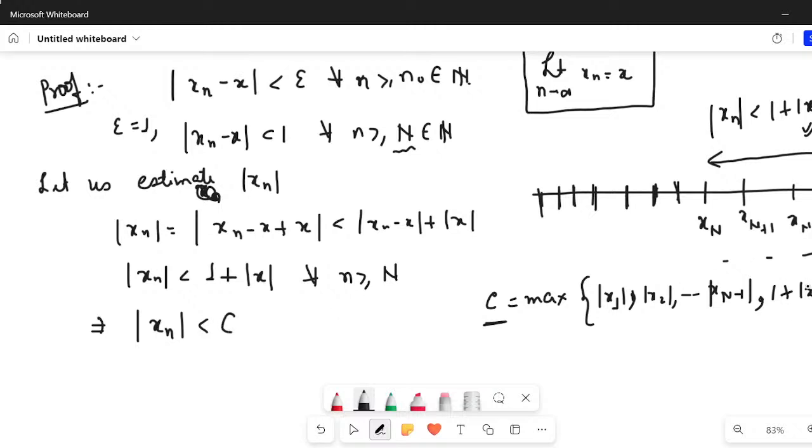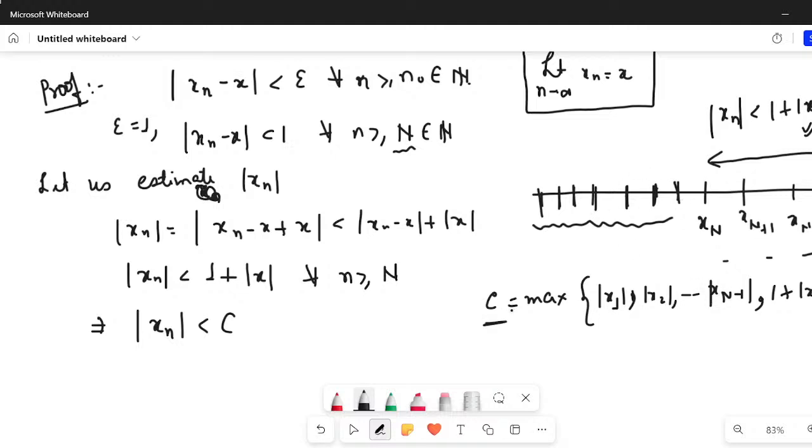Only the elements of the sequence with index greater than capital N have 1 plus |x| as an upper bound. I cannot claim that about the earlier ones, but these are finite numbers, so I can find the greatest among them. There would certainly be some element having some maximum value.